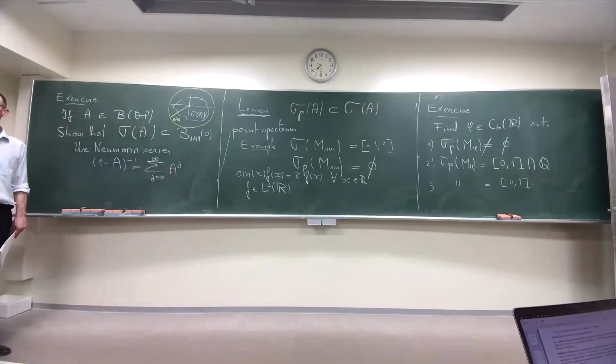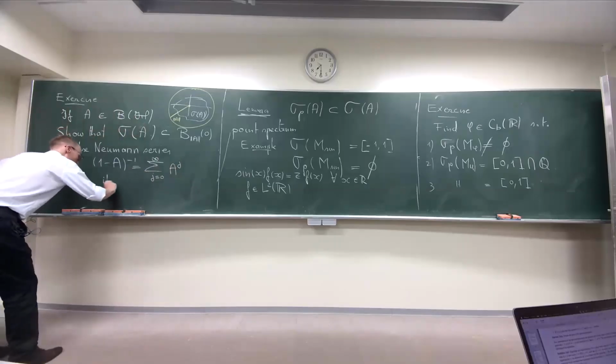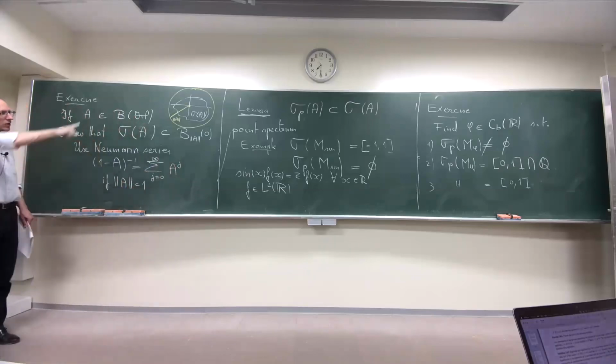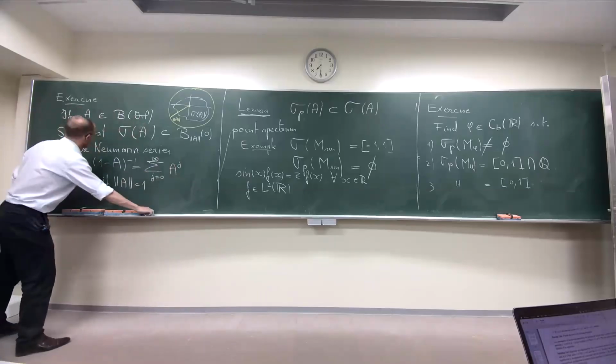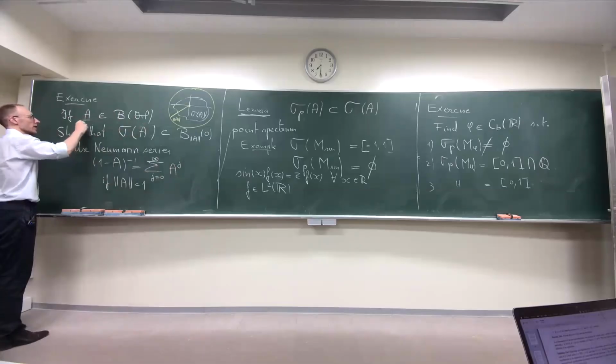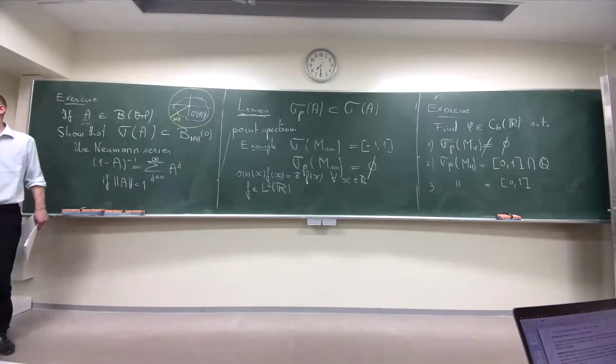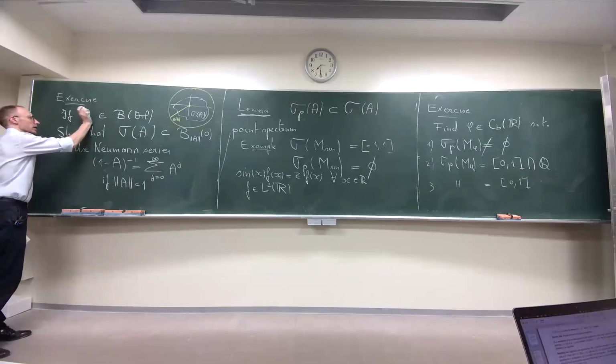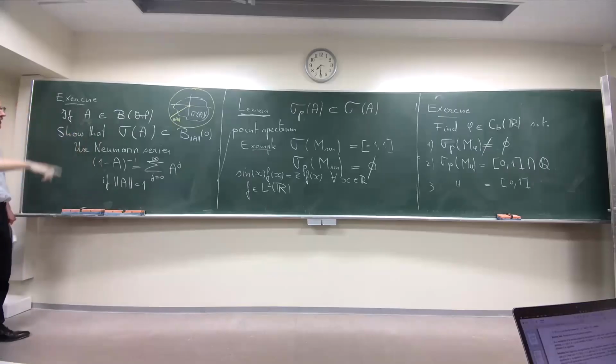Not A, but norm of A is small, strictly smaller than 1. Observe, I'm not in this framework, but what you can always do, you can always consider A divided by 2 times the norm of A, if necessary. So if you divide by 2 times the norm of A, then its norm is smaller than 1. So you can come back to this easily. Or you divide by a number sufficiently big.